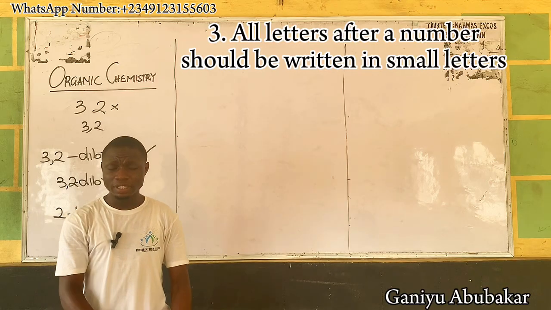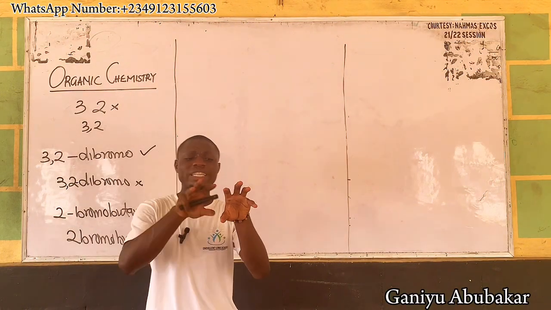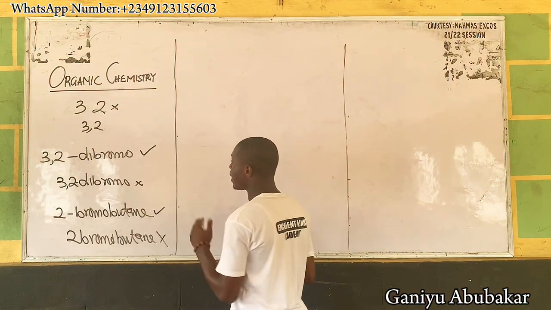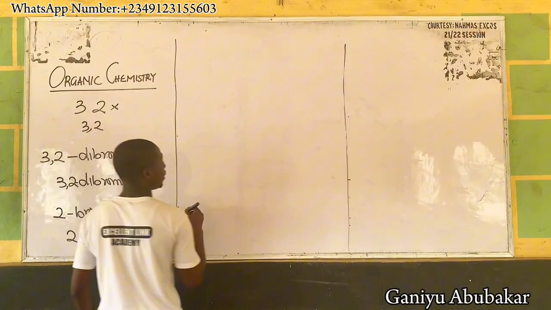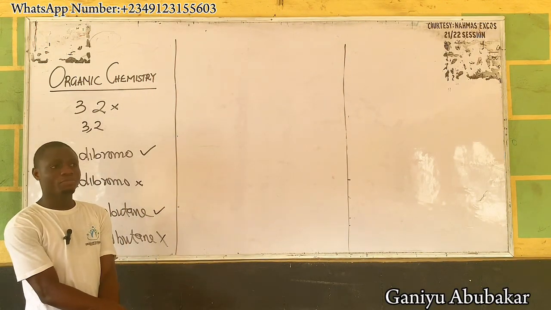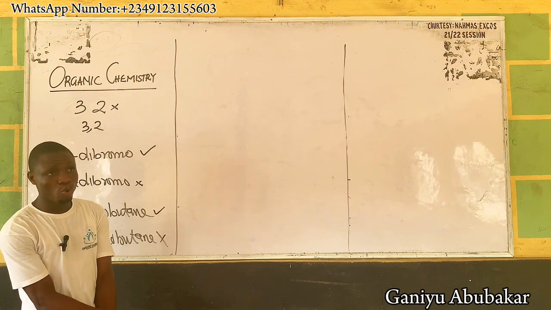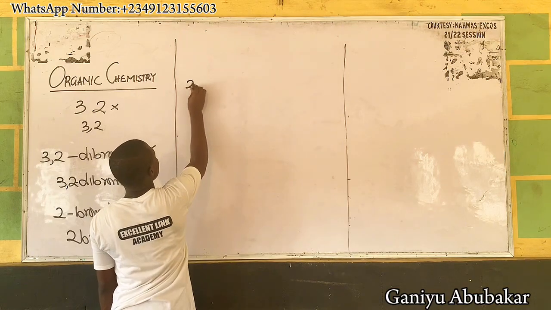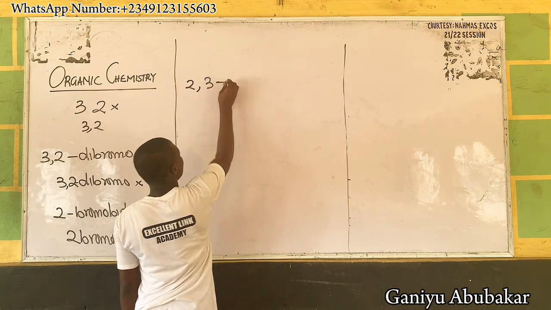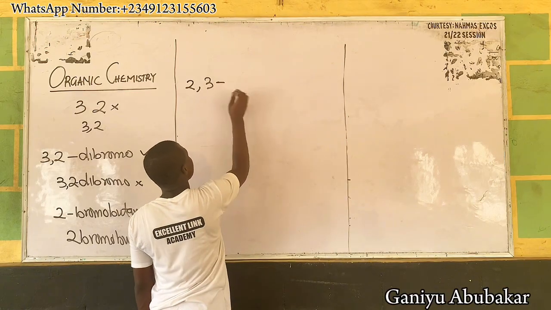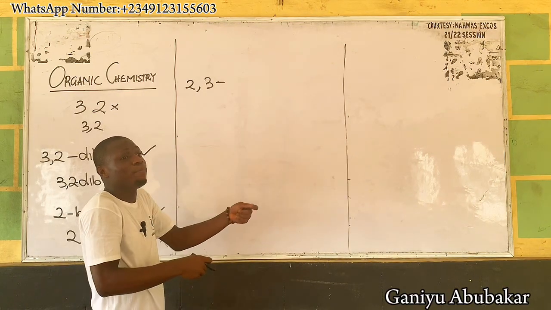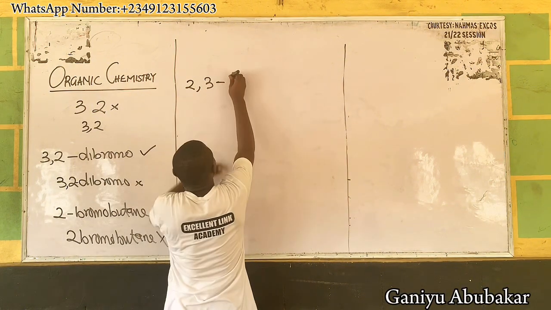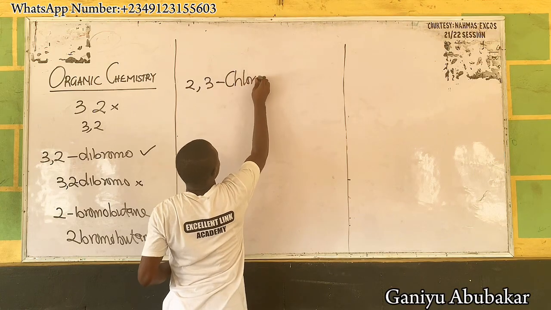A small letter. That is, if I have a number here and I want to write an alphabet after it, that alphabet should be in small letters. Let's say I have an example for rule 3. Let's say I want to write 2,3-chloro, 4-fluorobutane. Just take 2,3-chloro. I will not write chloro with a capital letter this way.